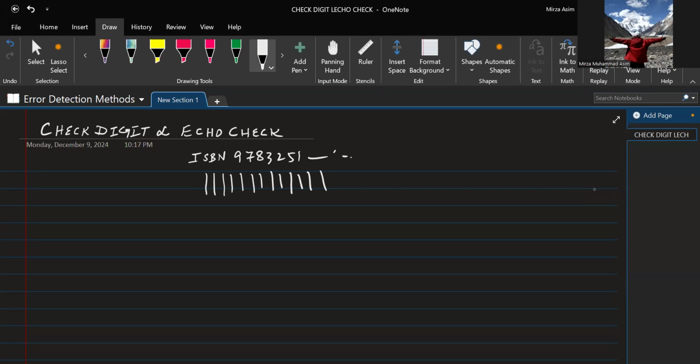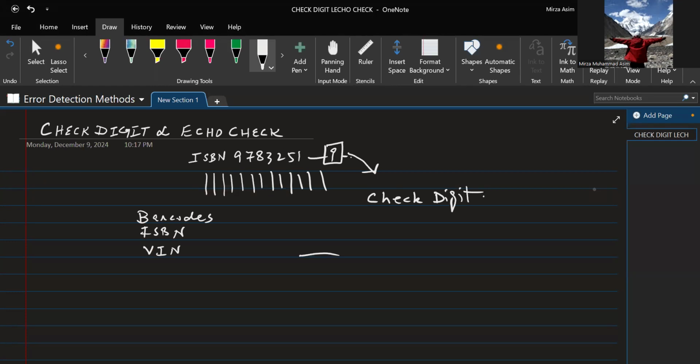The extreme right-side digit is called the check digit. You can find it on barcodes, ISBN numbers, and VIN numbers, vehicle identification numbers. Clear?